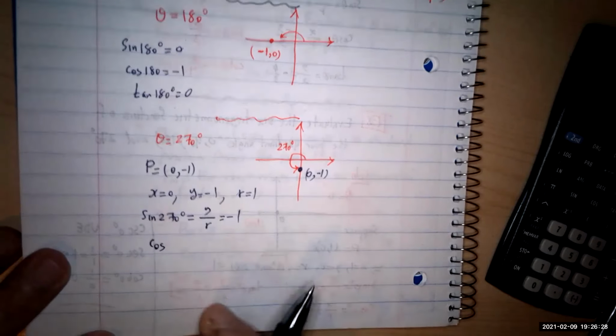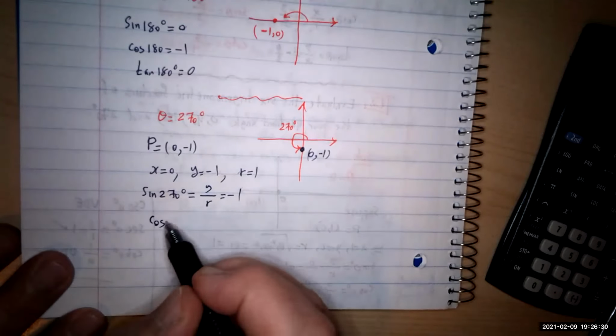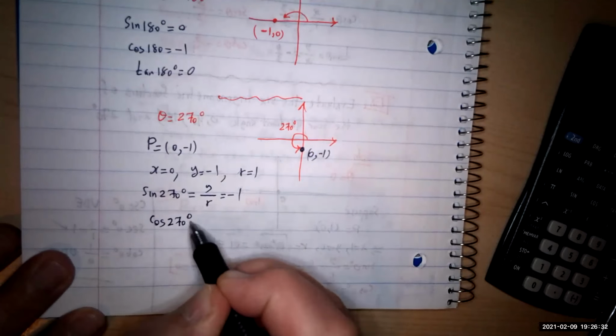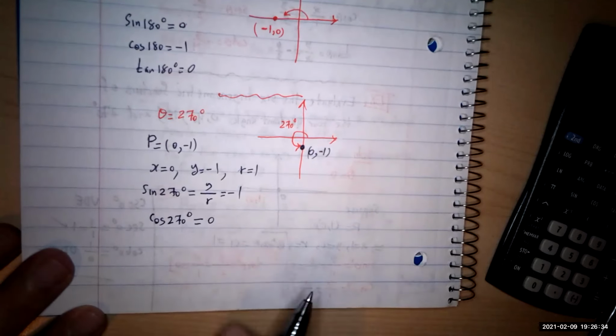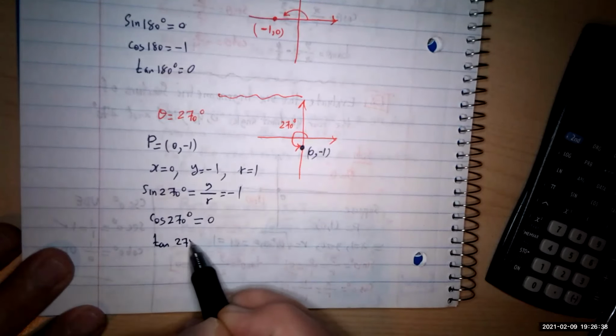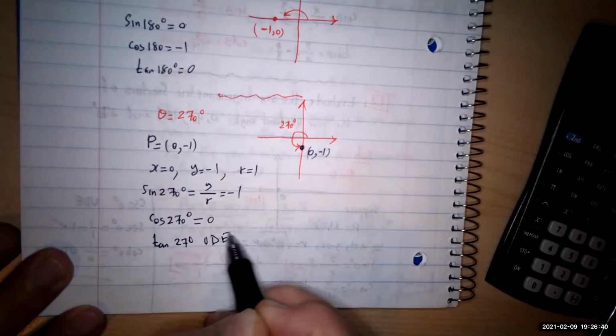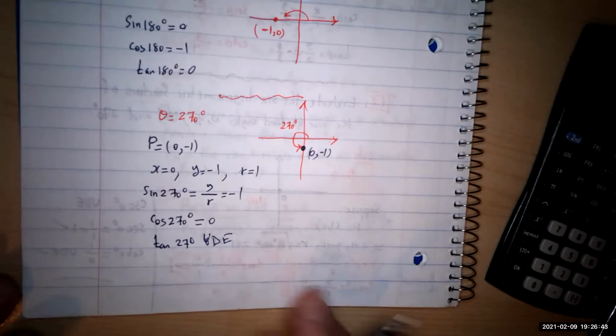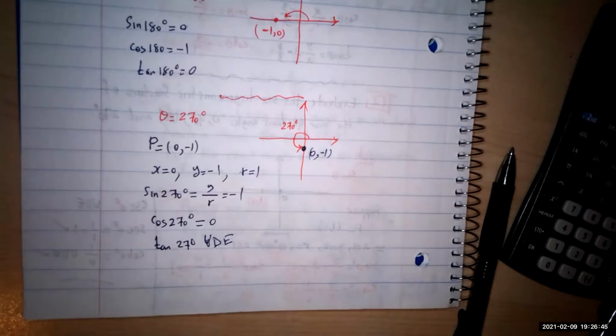It's like the 90 degrees, and the cosine is 0. And the tangent is going to be undefined. It's very much like the 90 degrees. The idea is important just to know that, using the fact that we talk about it, to be able to get these done. Okay, any question?